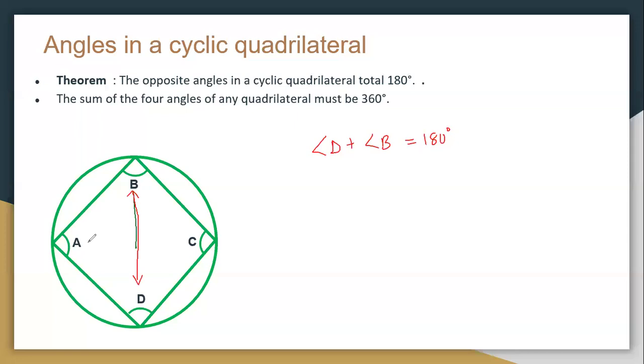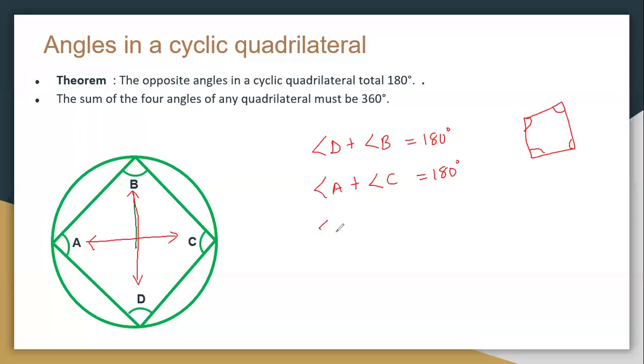Similarly, these angles here are also facing each other, so angle A plus angle C also gives 180 degrees. That is the property. Also, whenever you have a quadrilateral or any four-sided figure in math, when you add all the angles inside, they must equal 360 degrees.